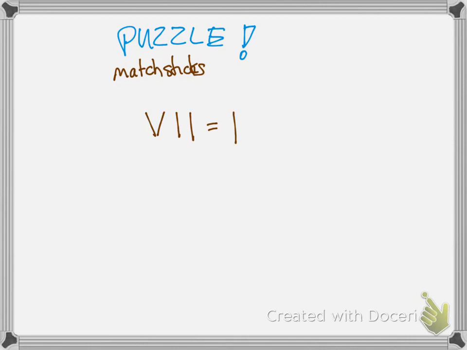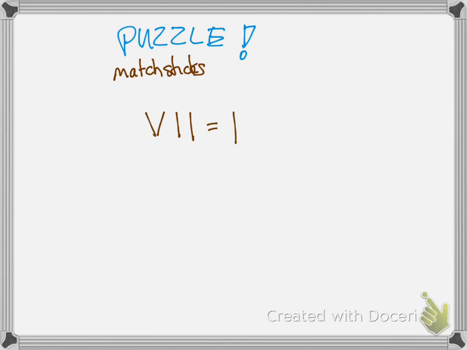Well, that's not a correct equation, but I can move just one matchstick and make this equation correct. I don't think it's an easy one at all, but if you can figure it out, you are smarter than me.